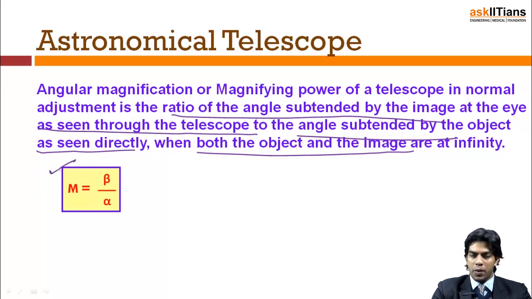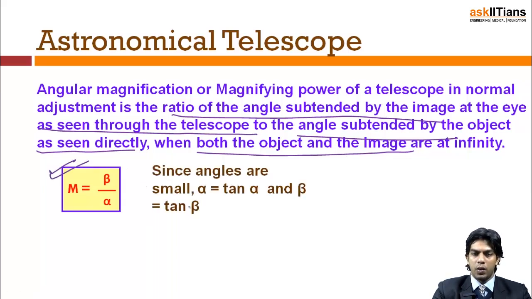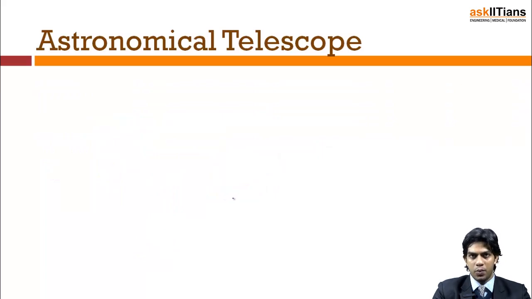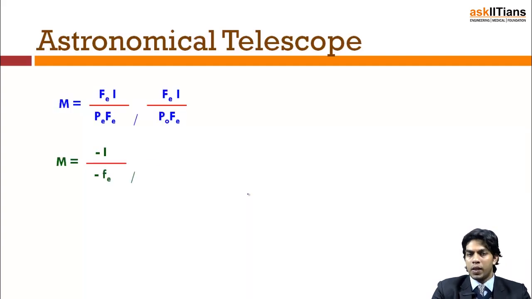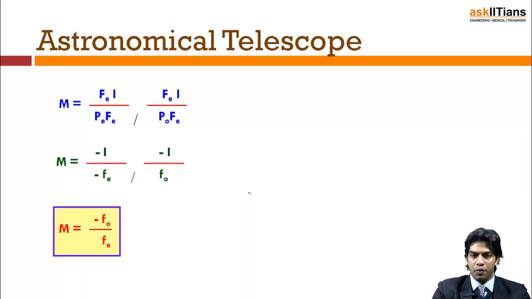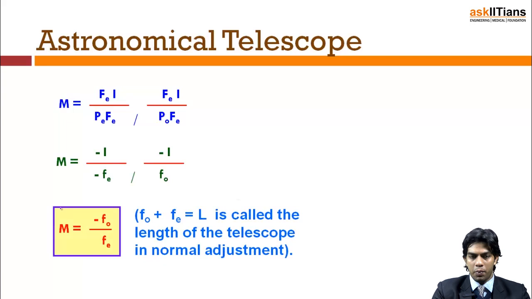Again, we will work out similar calculations over here. The angles will be very small, so I can use the assumption of replacing tan beta and tan alpha simply with beta and alpha. Similarly, if you work out the magnification, we find the magnification is the ratio of the two focal lengths, and the negative of it.